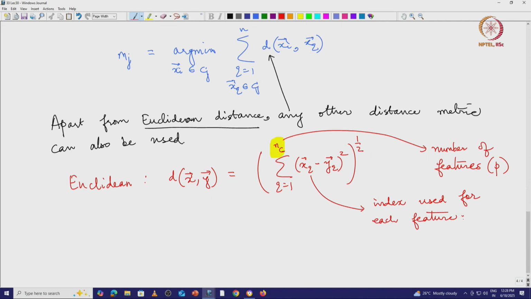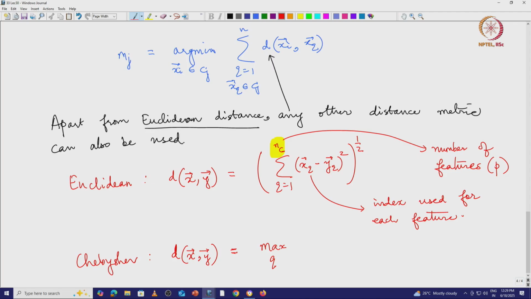The next distance is Chebyshev distance, and this is basically based on the maximum separation along any particular feature. So, if you did not really care about the total distance, but only the maximum distance along any particular feature, say one feature is very important and you only want to know the maximum distance along any of the features, then you could use this.